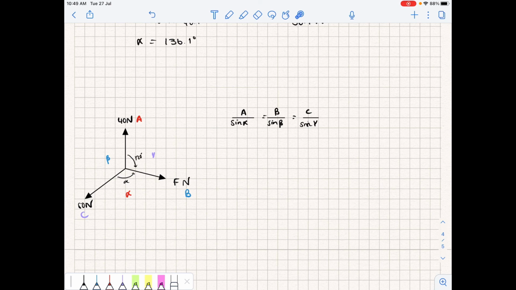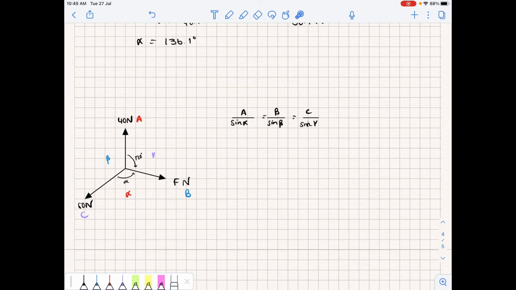If we look at the force that we're trying to solve for, we have an unknown angle as well. So we have two unknowns. Before we can solve for this force, we need to work out what this angle is. The easiest way is to solve for alpha, and then using 360 degrees, we could solve for beta.